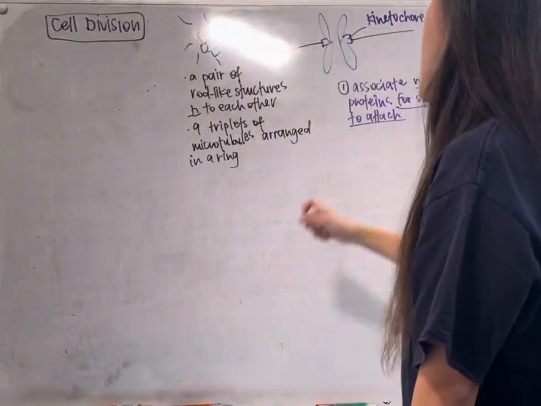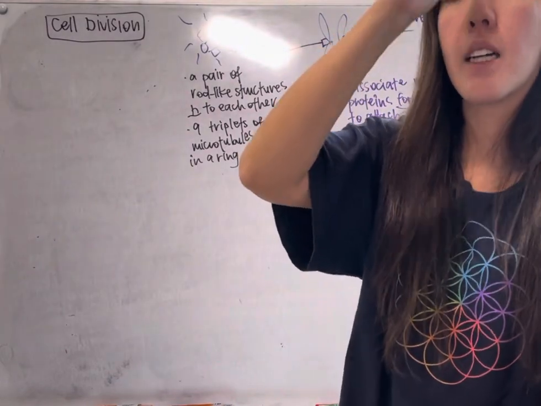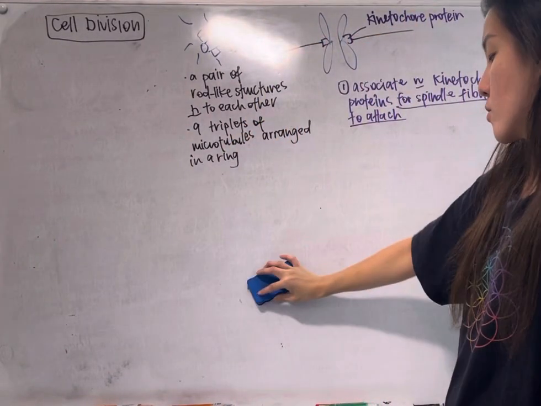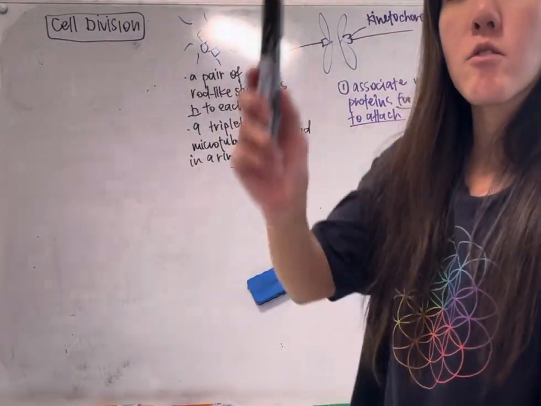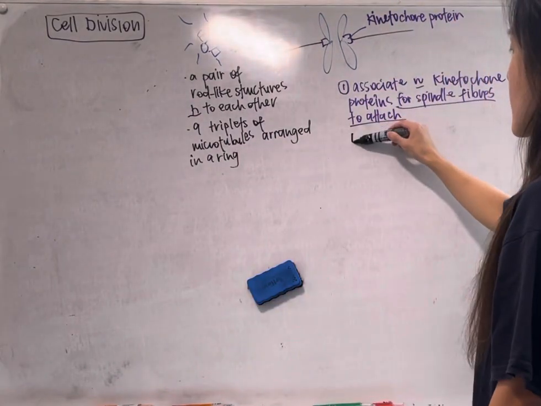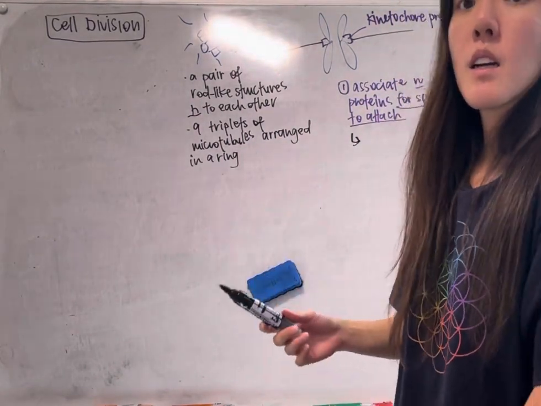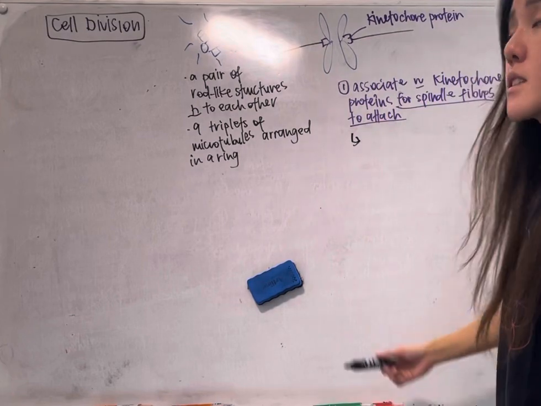The question is, there are 2 reasons why your kinetochore proteins must allow spindle fibers to attach. What's the first reason? The way we always write for exam. First reason is to ensure, like in metaphase, the keyword is what?